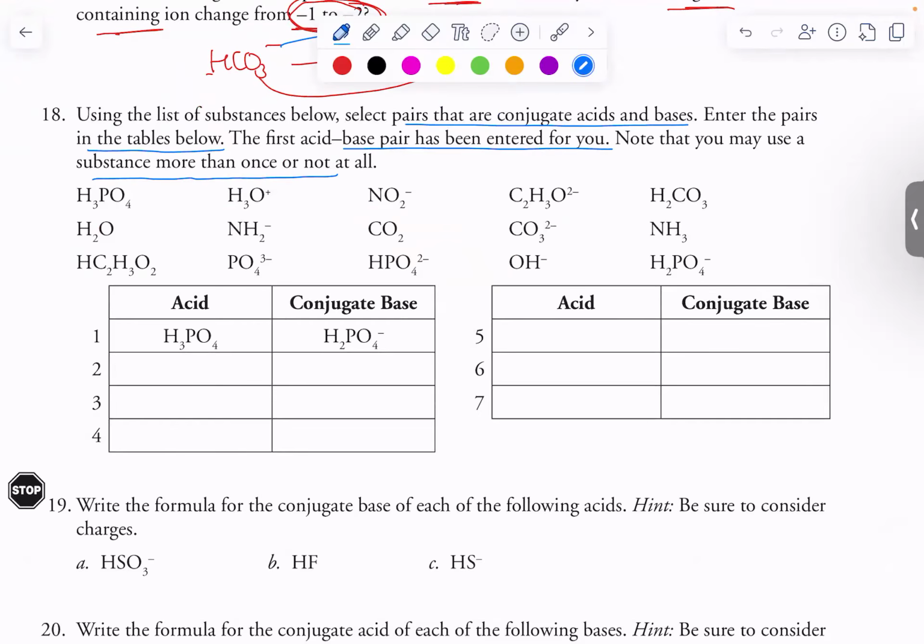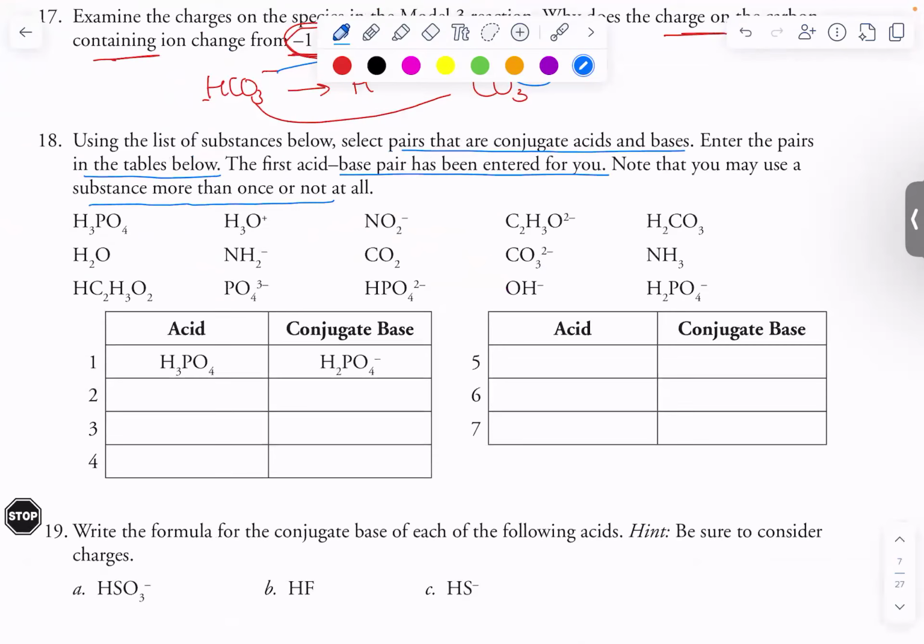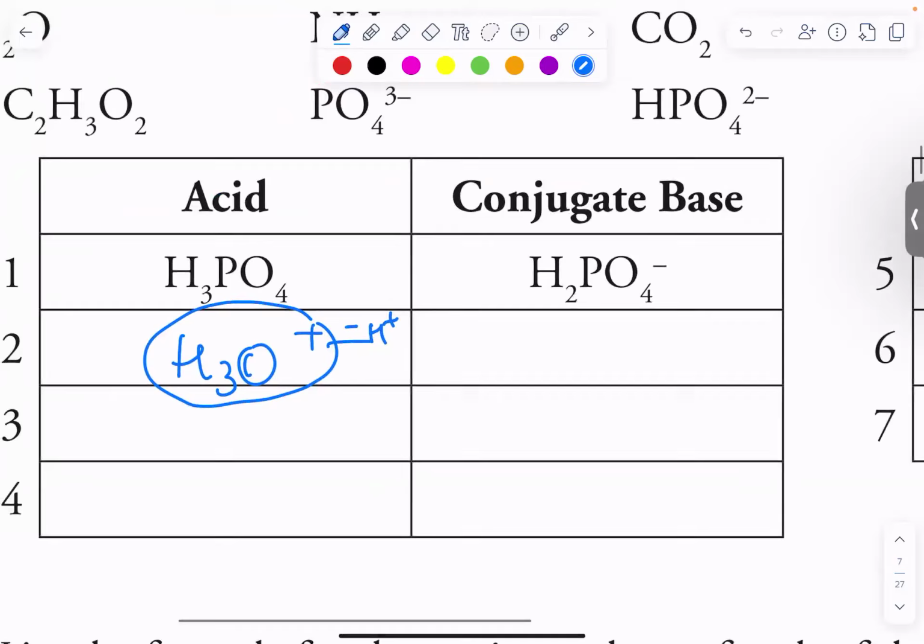All right. The next one, H3O positive. So what would be the conjugate base? It is going to lose a hydrogen ion. So after losing a hydrogen ion, what will be left?